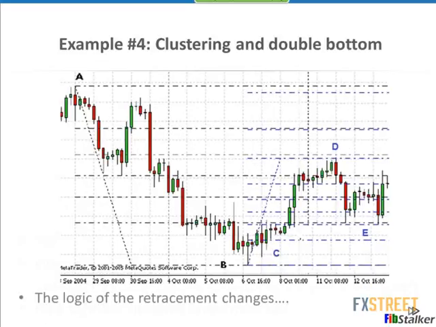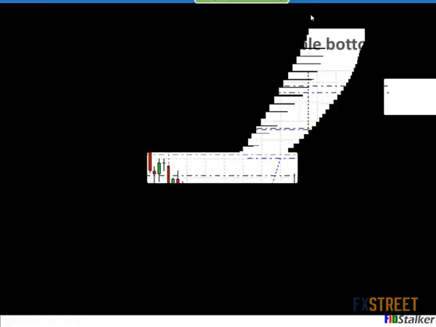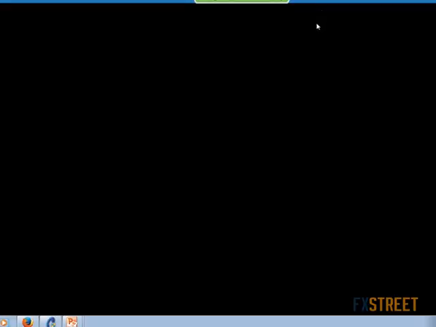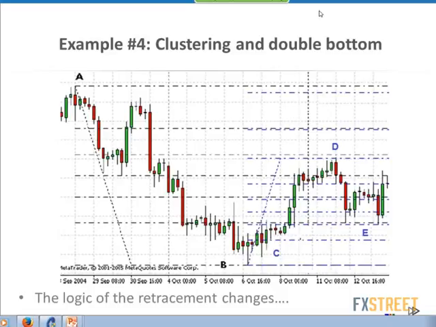One more point I want to show you here. This is very important. Very often, those who use Fibonacci actually change. So just a moment here. I just want to make sure that I can see the chart, because when I try to annotate, I don't see the full chart.